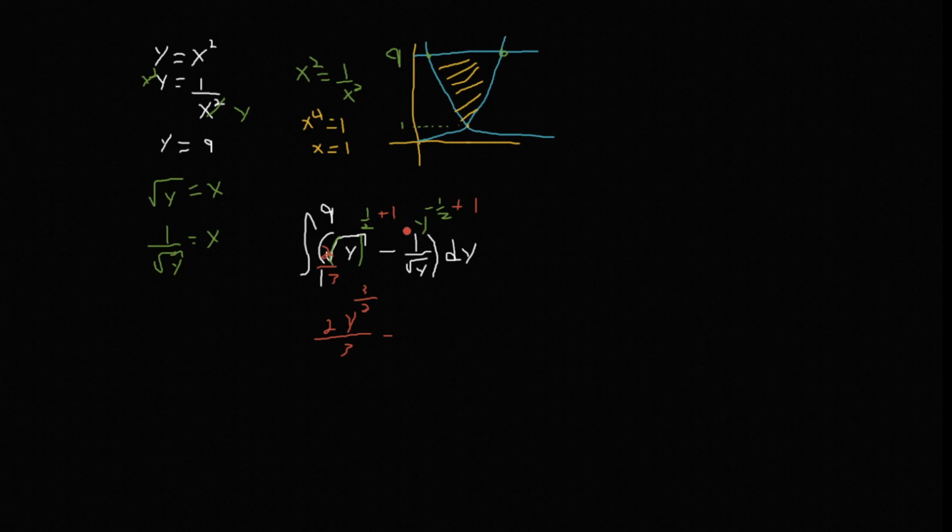So dividing by 1/2 is the same thing as multiplying by 2. So this is just 2 square root y. And then we're doing this from 1 to 9.